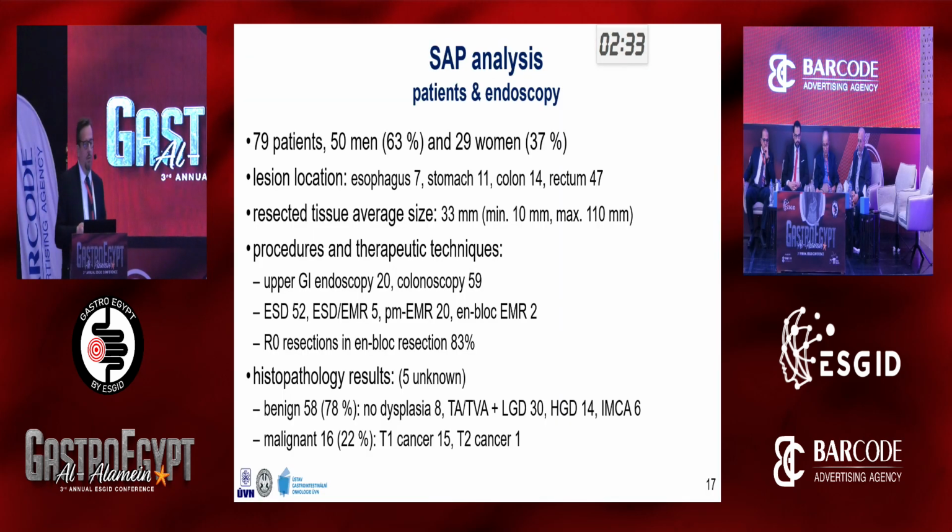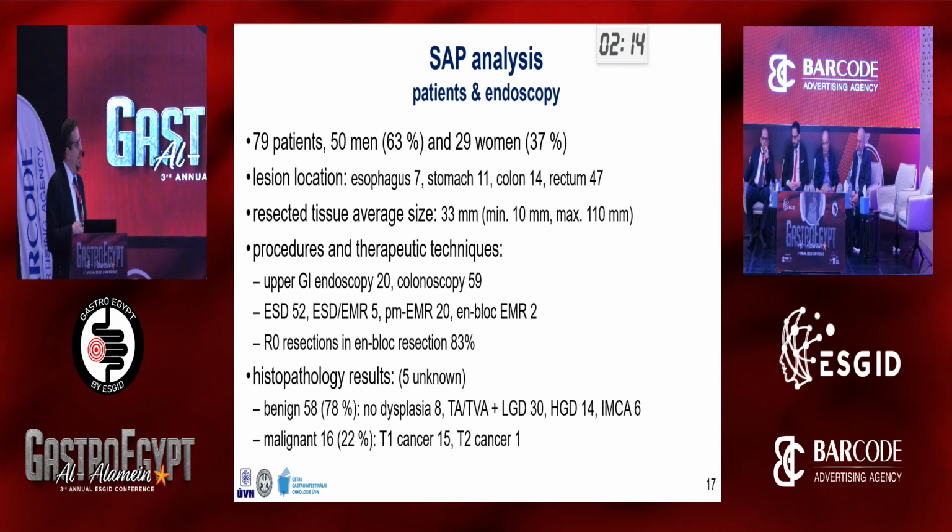So far, we have treated nearly 80 patients with the self-assembling peptide. Most of them were men. Most of the lesions were in the rectum. And we treated them mostly by ESD. You can see that R0 resection was achieved in 83%.